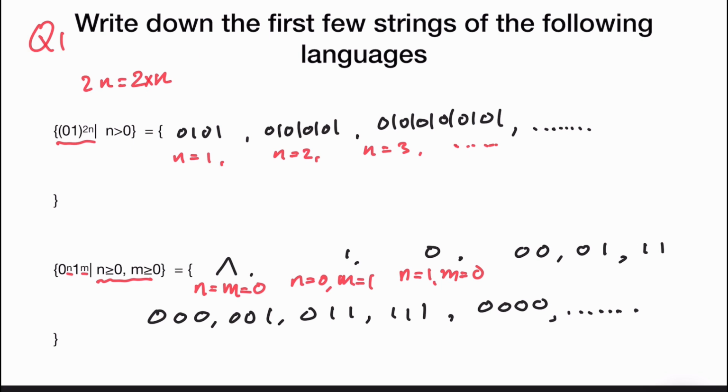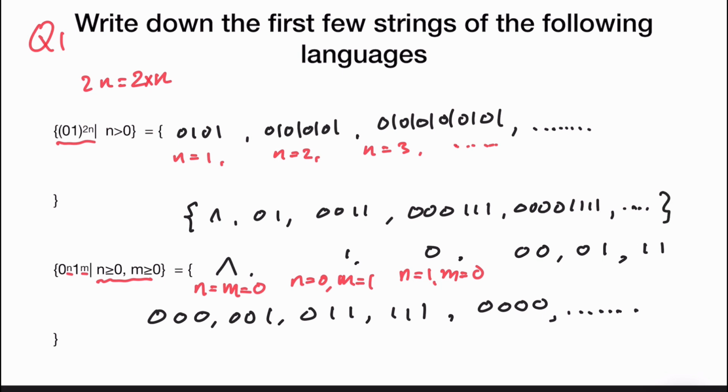There's one thing I need to point out for this question. An answer like this, I show you: 01, 0011, 000111, and so on, 0 to the n followed by 1 to the n. What do you think about this answer? If you look at it, all these strings follow the pattern we gave here: some zeros, then followed by some ones.